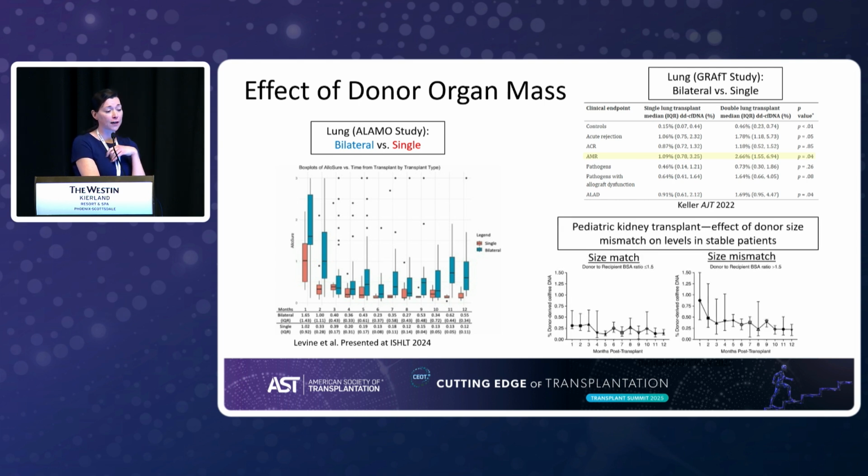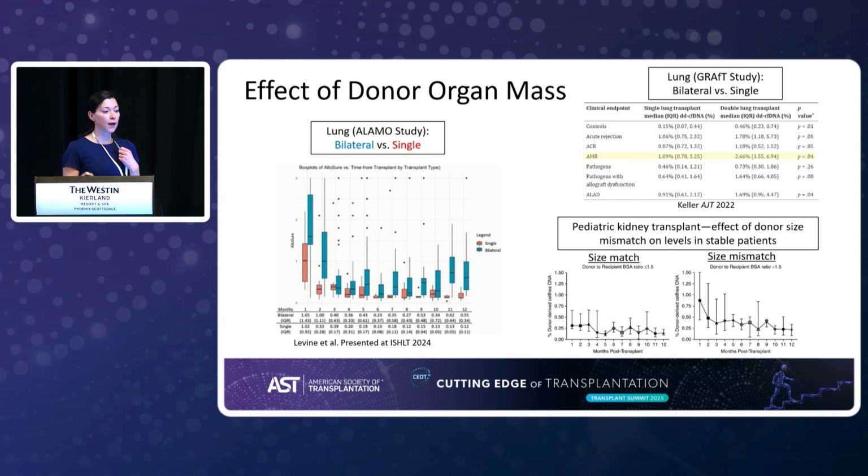The same concept was shown in a small study of pediatric kidney transplant patients, where donor-recipient size mismatch is a factor. They broke out their cohort into patients who received a donor kidney that was relatively well size-matched to the child versus those that received, say, an adult kidney where the donor's body mass was much larger than the child's.